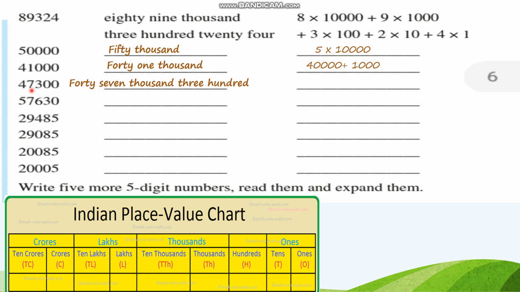So 7 is 7,000, and 3 in hundreds place. So it is 300. And the rest of the places are 0, so no need to mention. Okay. So 40,000 plus 7,000 plus 300 is the expanded form. Now look at the next one. How to read? That is 57,630.